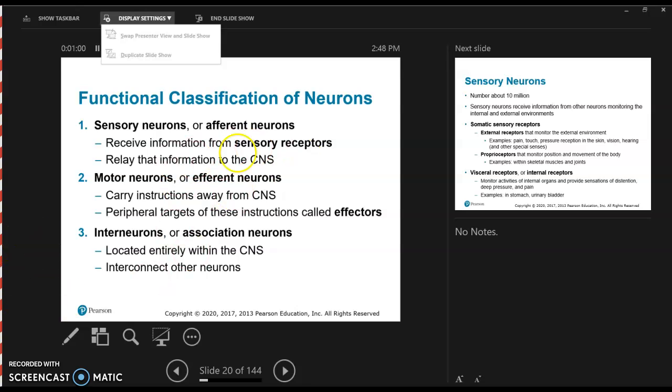Motor neurons, or efferent neurons, carry instructions away from the central nervous system to effectors, and effectors are going to be responsible for the response to this information. Interneurons, or association neurons, are located entirely within the central nervous system, and their job is to integrate the information between the sensory and the motor neurons.